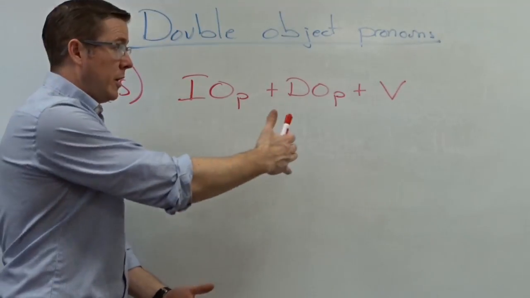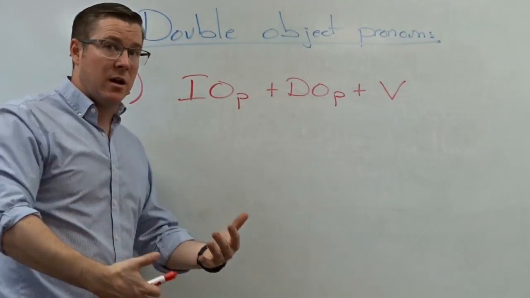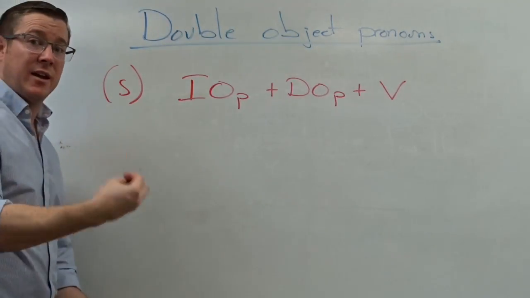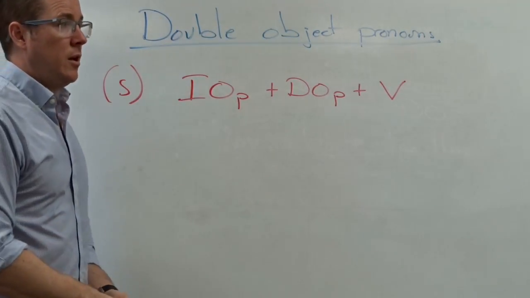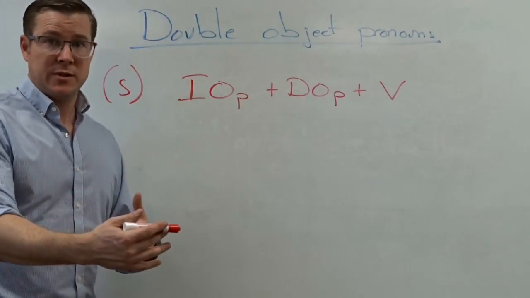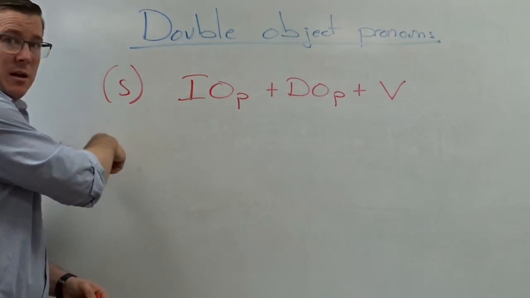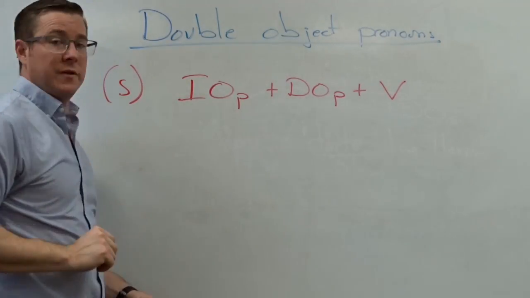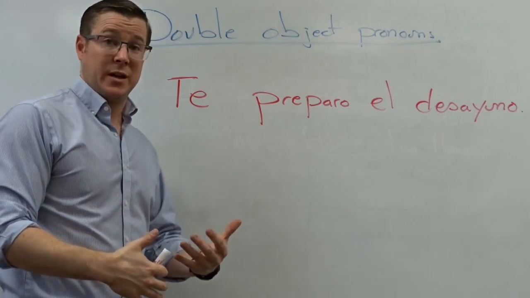This is why this formula can come in handy until you get the hang of it, all right? Now, I've put the S here because if you have a given subject, for example, if I want to say she gives, I can put ella here, but it's not necessary all the time. That's why it's in parentheses. Look at this sentence.